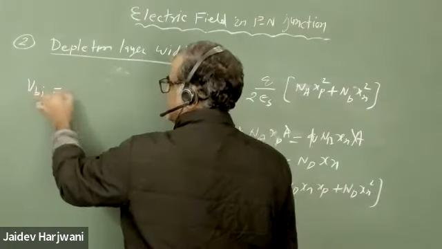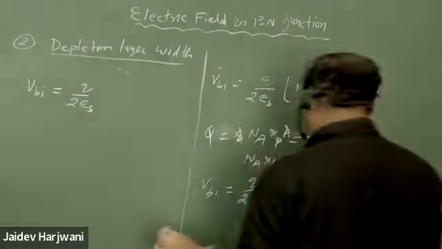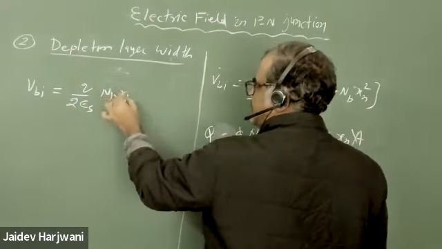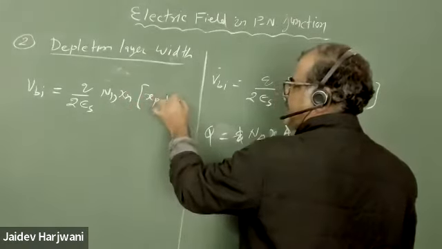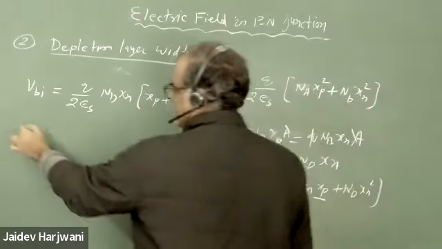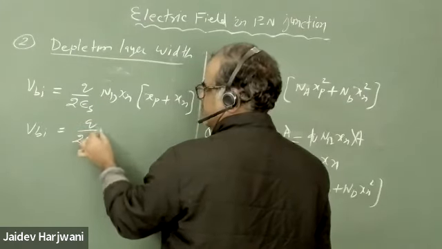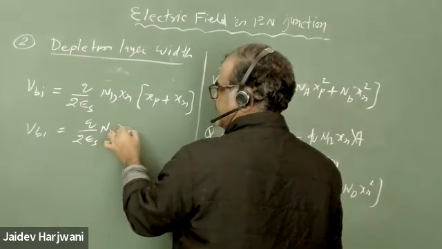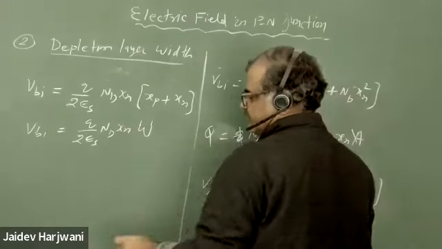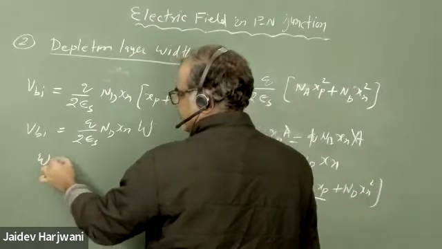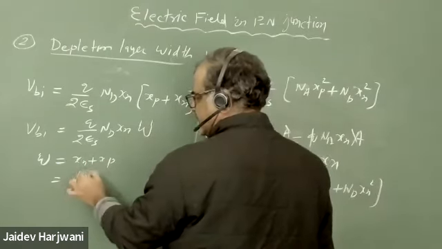So VBI will become q upon 2 es, take nd xn common, here you'll have xp, and here you will have xn. So my VBI becomes q upon 2 es nd xn W, where W is the width of the depletion layer, W equals xn plus xp, that is the depletion layer width.